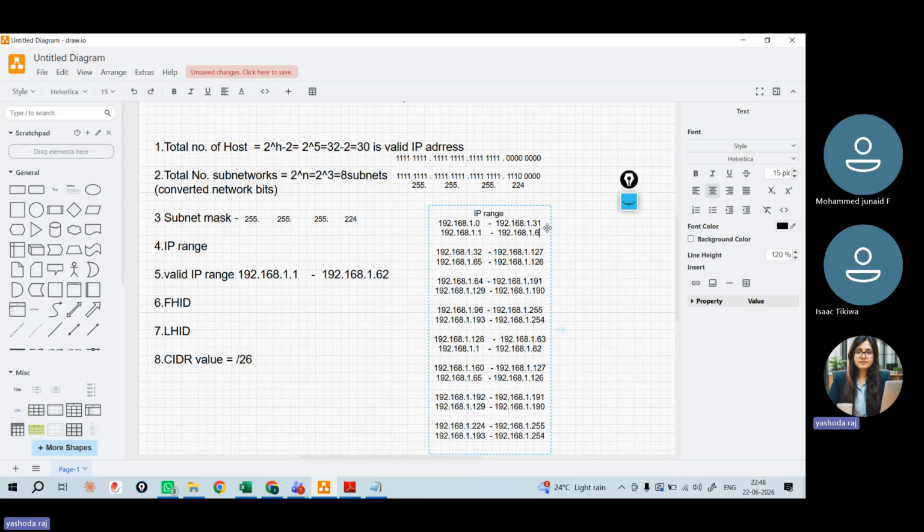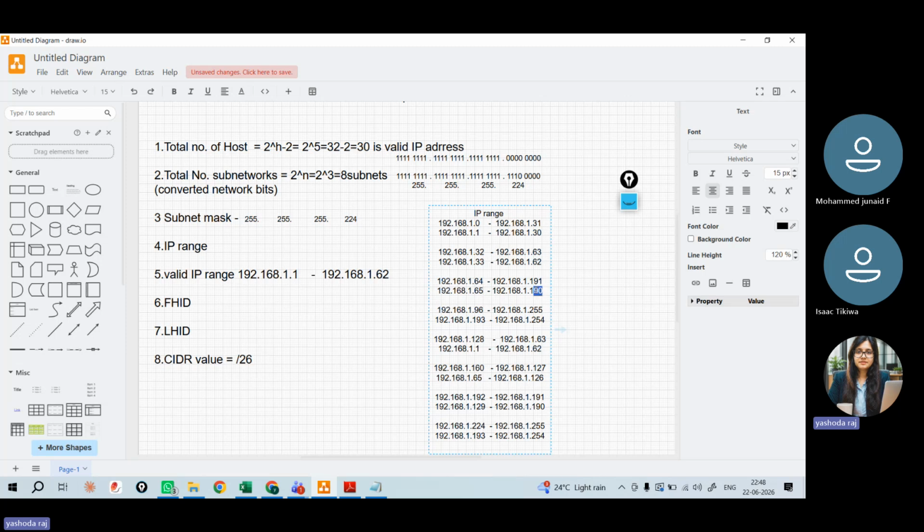Here it is 31, here it is 32 and 63. Here it is 33 and 62. Am I doing right? Here it is 65 and 94.